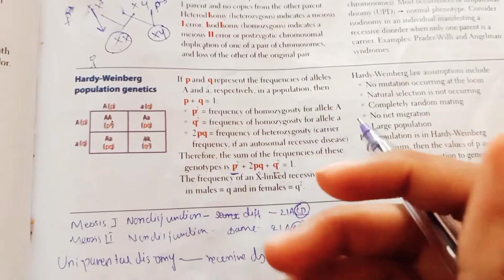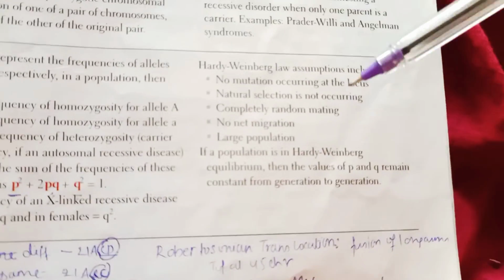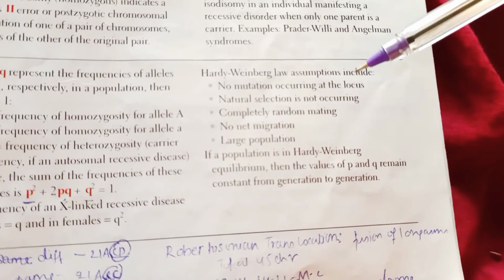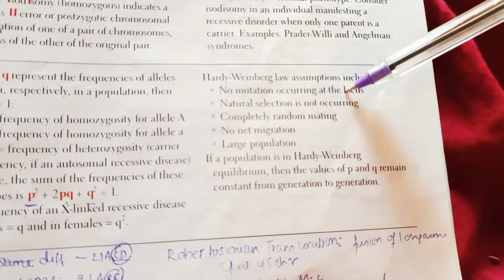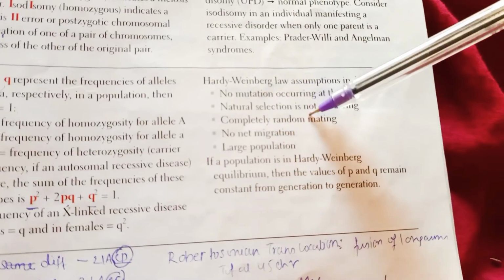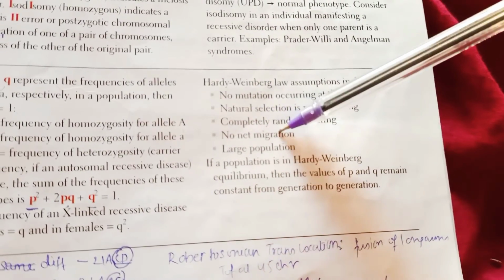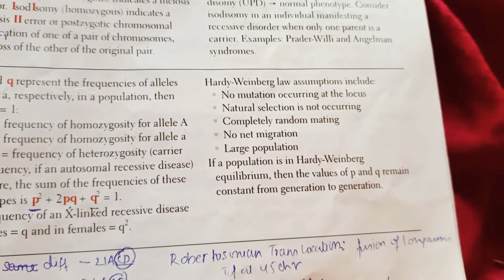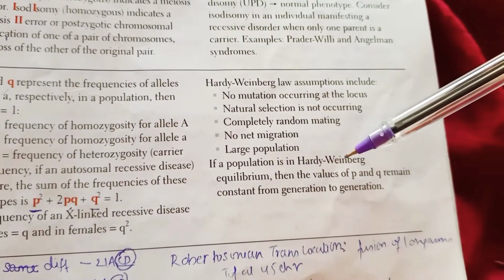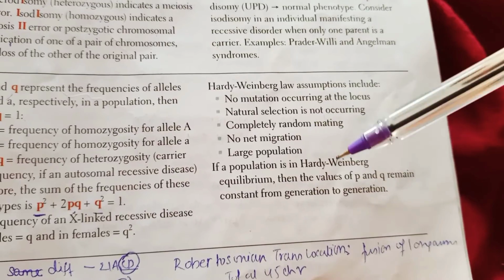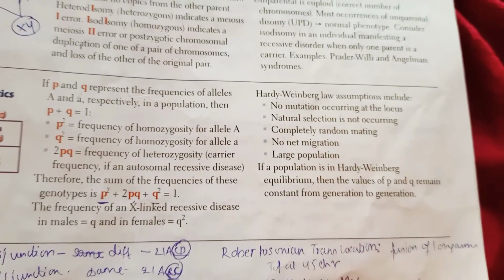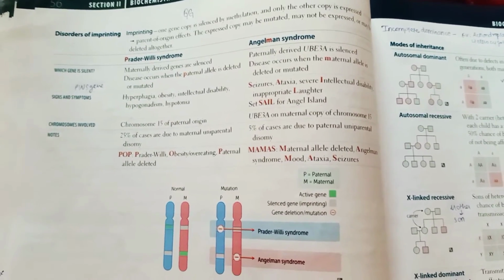You can do different kinds of sums using this formula, and the important rules are: there is no mutation occurring at the locus, natural selection is not occurring, there is completely random mating, there is no net migration, and there is a large population. So if a population is in Hardy-Weinberg equilibrium, then the values of p and q remain constant from generation to generation.